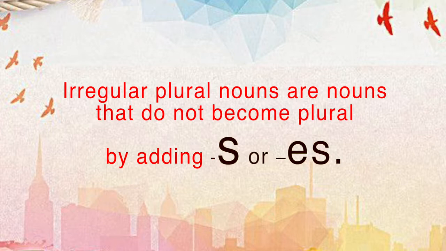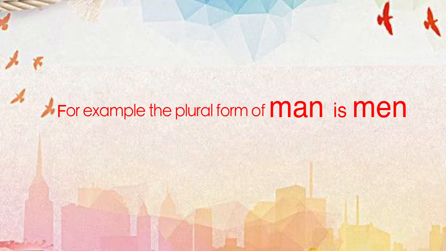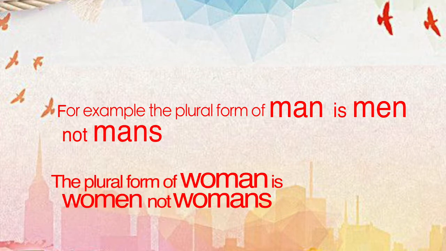For example, the plural form of man is men, not mens, and the plural form of woman is women, not womens. There are maybe hundreds of irregular plural nouns to learn.